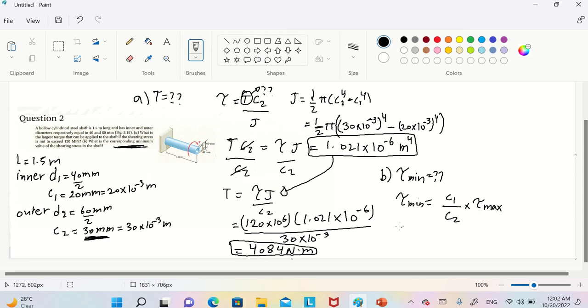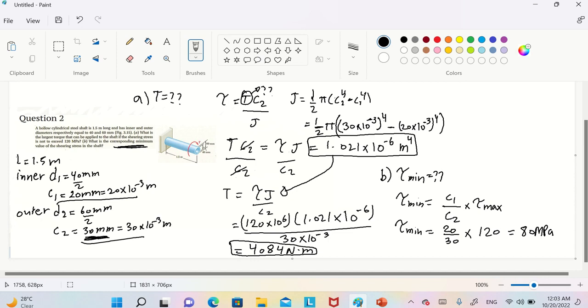So min equals, we already have the inner and outer radius, 20 over 30 multiplied by 120. You will get 80 megapascal.